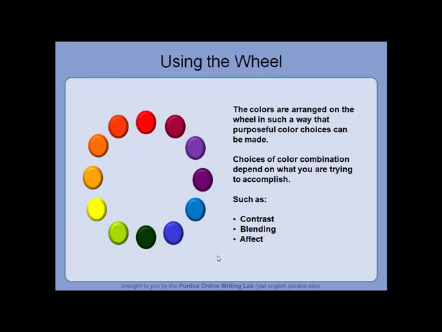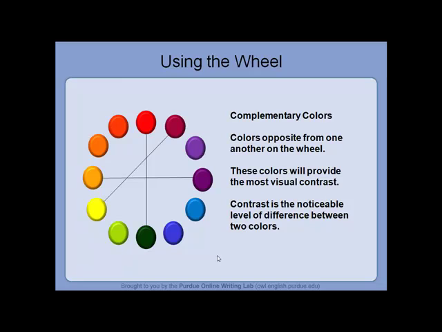I've often seen on design shows, if they have a green room, they'll put red apples in a bowl or something like that to have a little bit of contrast or excitement. So it depends on what sort of effect you're going for. Let's take a look at it a little further. We talked about complementary colors, which are opposite from one another, but we also have analogous colors, which are right next to each other on the color wheel.